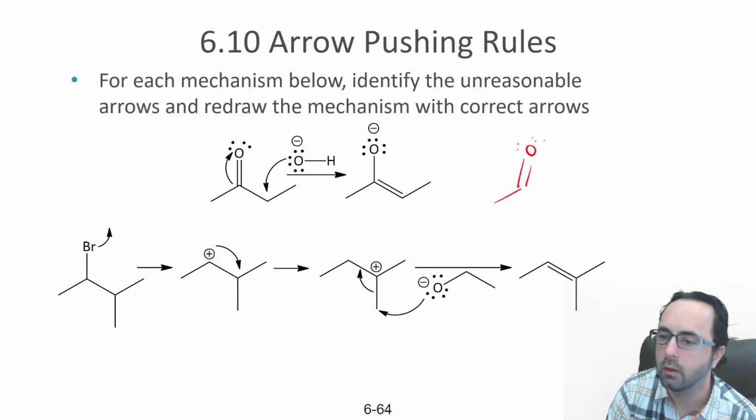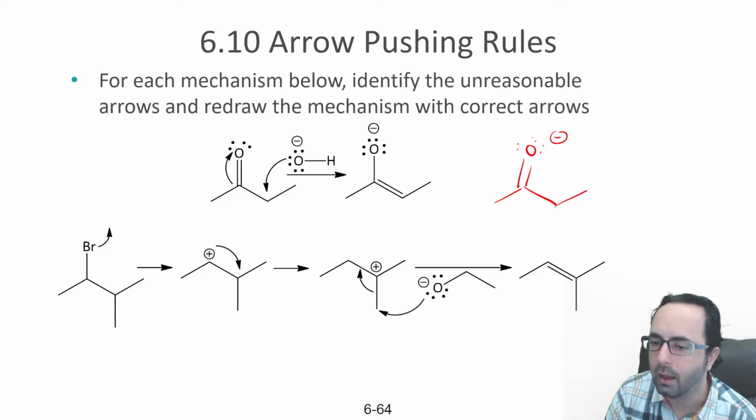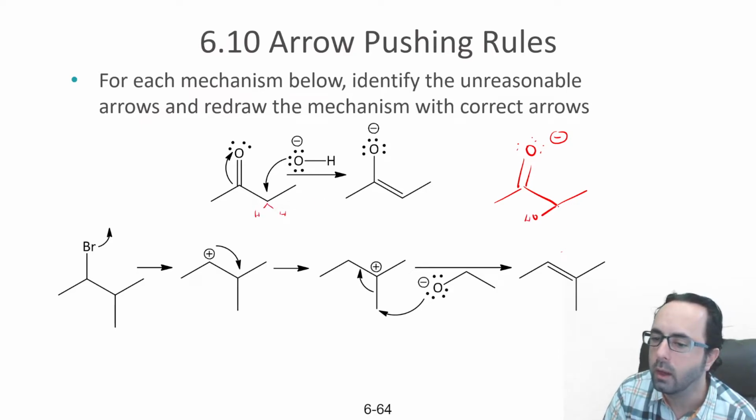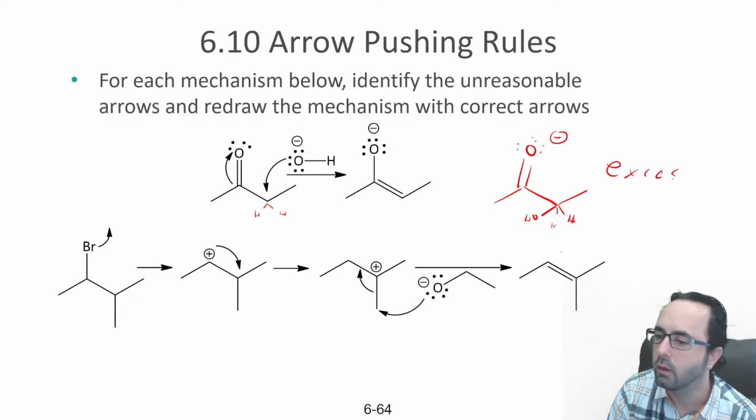So we'd have this, and then this OH would be attached. And so we'd have an OH, and there are already 2 hydrogens attached to this carbon. So we have an OH, a hydrogen, and a hydrogen. This exceeds the octet. So this is really bad.